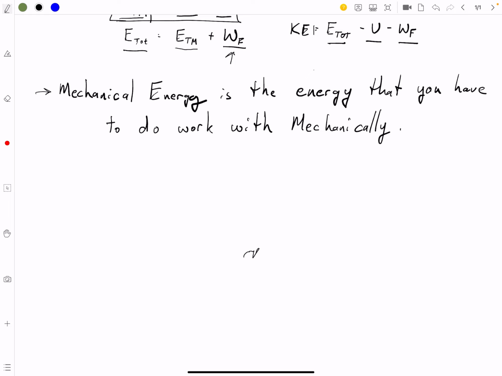So our kinetic energy, whatever it happens to be, equals 1/2 mv squared. That's going to give us V equals the square root of 2KE over m.